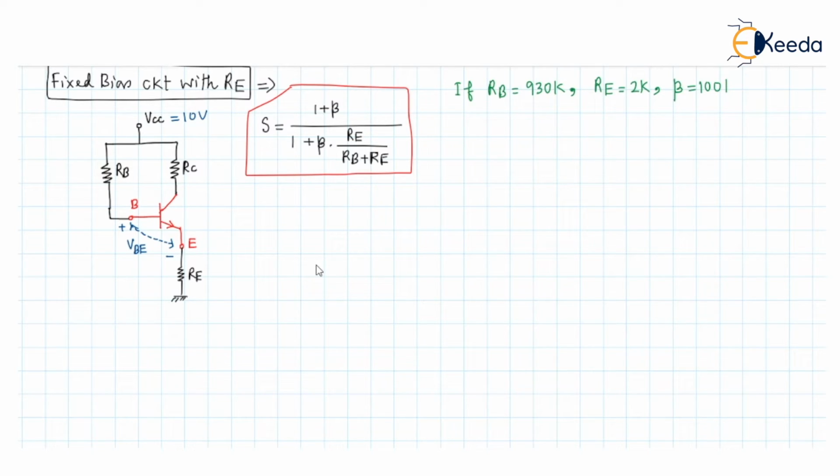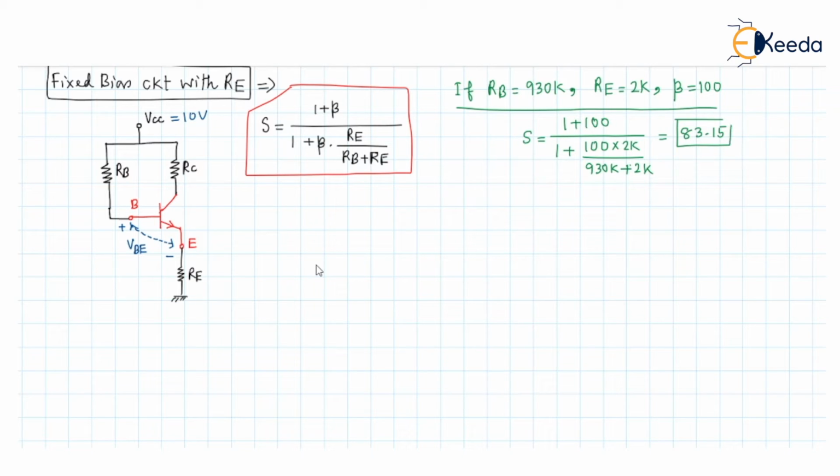If we want to calculate the value of S, then for this condition the S value will be 1 plus 100 divided by 1 plus 100 into 1 kilo ohm divided by 930K plus 1 kilo ohm. After calculation we can see it is 83.15. So we can see the stability factor value has decreased from 101 to 83.15.